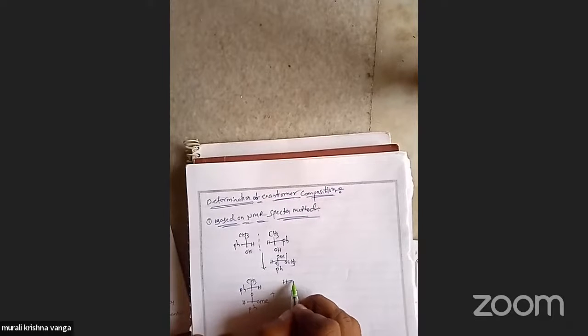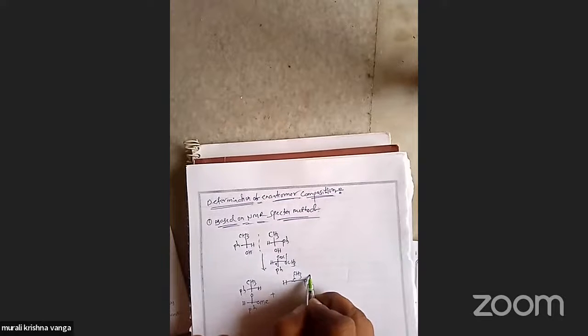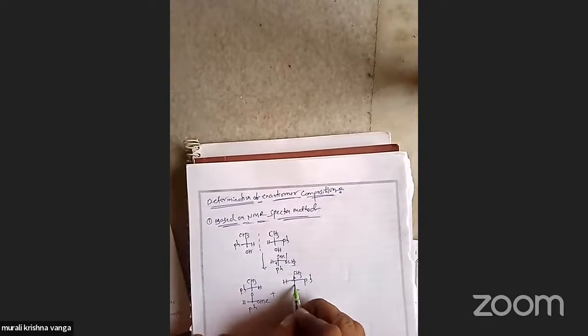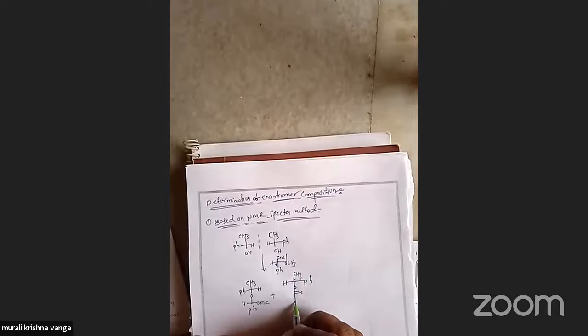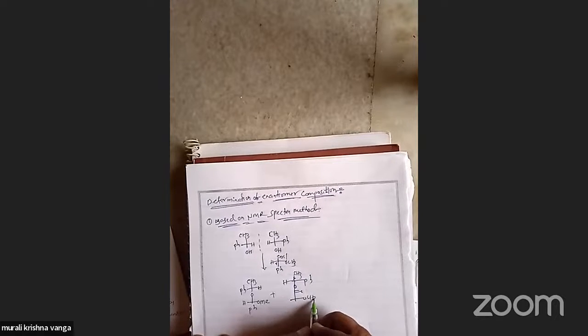It forms a diastereomeric mixture. These diastereomers are easily separated by physical methods, that is melting point, boiling point, density, etc. Then after hydrolysis of these diastereomers, we get our enantiomers.